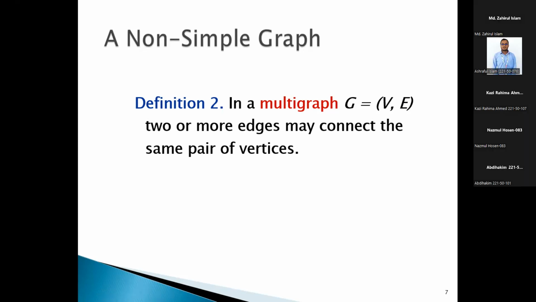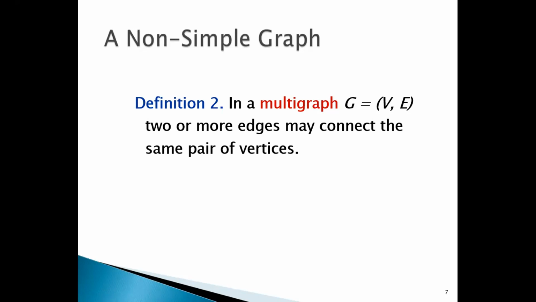That means one pair of nodes can have more than one connecting line or more than one edge. That is called the multigraph. So in the simple graph, there must be only one line between two nodes. In a multigraph, there may be more than one line, two or more, between two vertices or two nodes. Is it clear? Multigraph and simple graph.